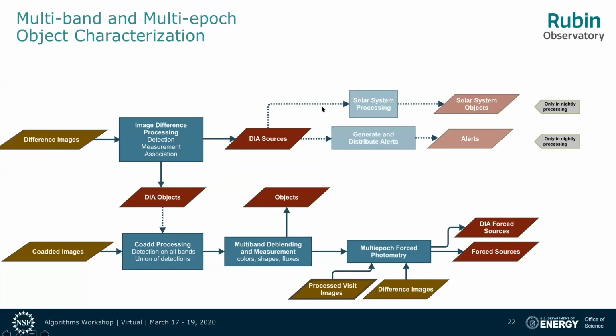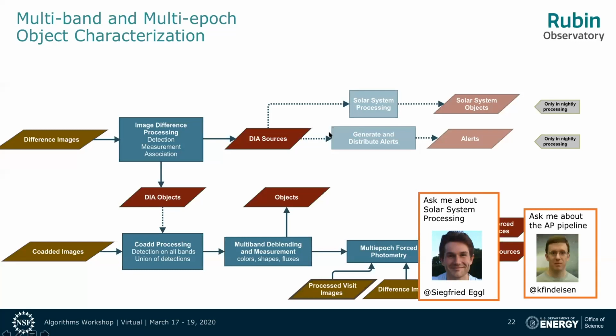There are a couple of components that will only be used or run in the prompt products or alert production mode. And those are the solar system processing and alert distribution.